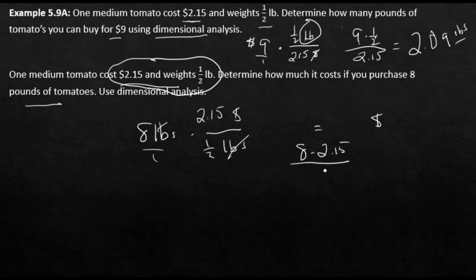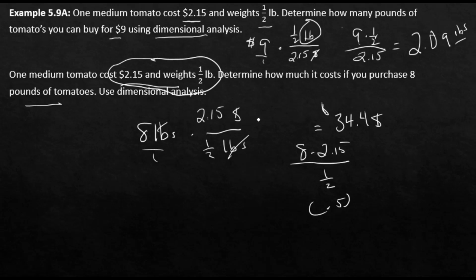After you do that, divide that by 1/2. Or you could use the decimal 0.5. And you should get $34.40. And that's dollars, right? So to buy 8 pounds, that's what it costs.